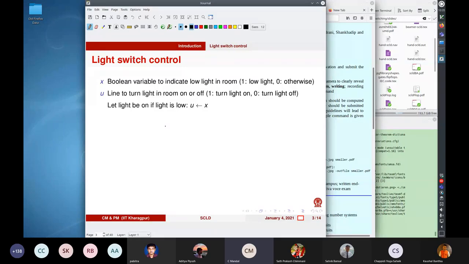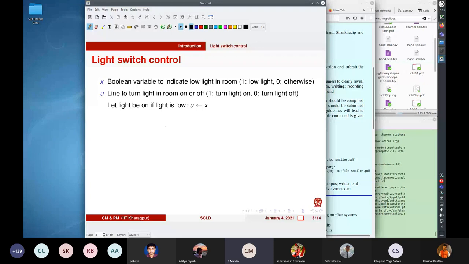Let us call that output X. So it simply tells you whether you have a low light situation or not. Let us say the Boolean variable X takes on the value 1 if it is low light, 0 otherwise.